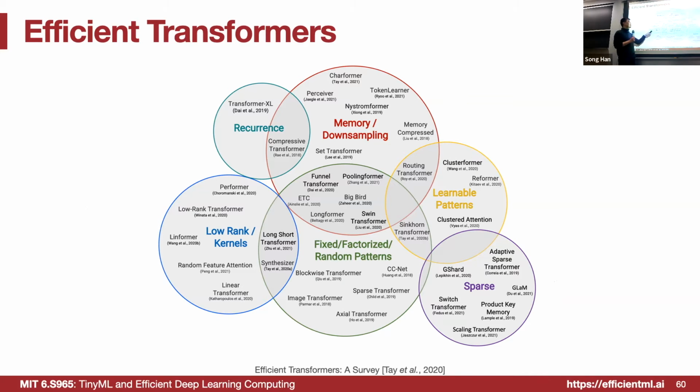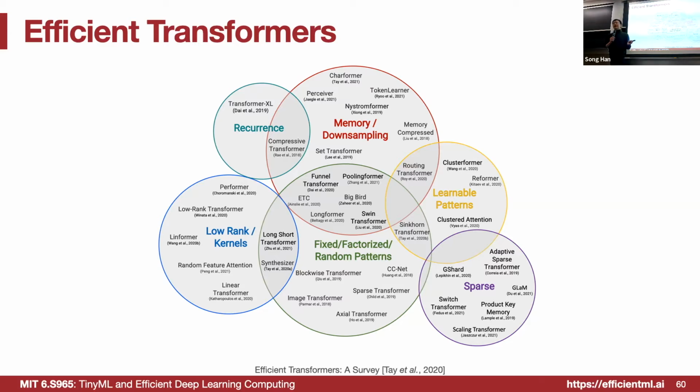There are a lot of approaches that try to reduce the computation and make transformers more efficient. In this survey paper, they can roughly be categorized into several methods, many of which we have learned before: utilizing sparsity, factorization, low rank, memory downsampling, recurrence, and learnable patterns. We are going to jump into several of them.